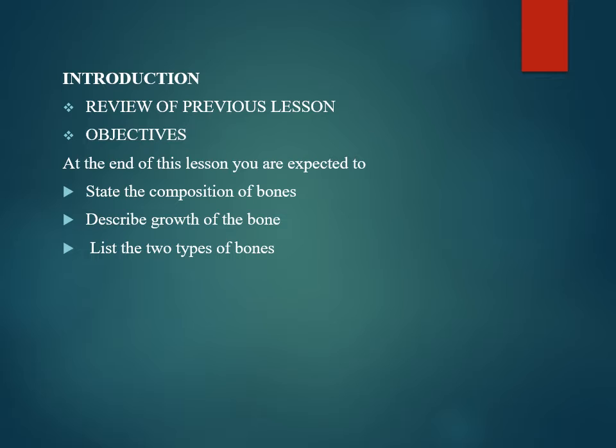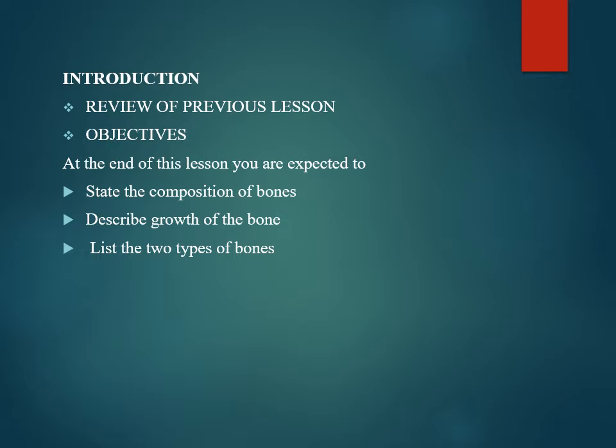Can we recall them? Yes, hyaline cartilage, fibrocartilage, and elastic cartilage. There were three types. This is just to review and to make us get to this lesson. After knowing that we are talking about the cartilage, we mentioned that these were the various types of cartilage.